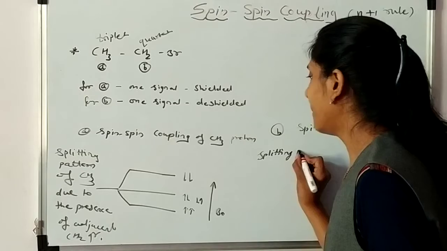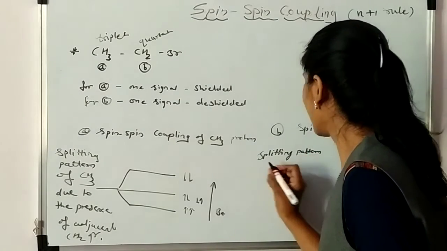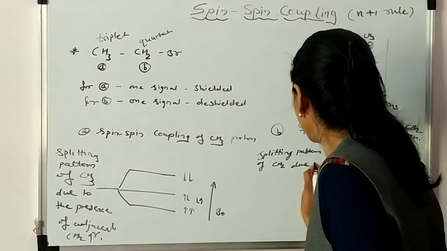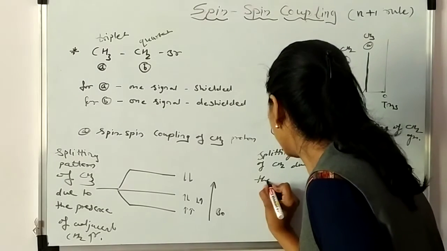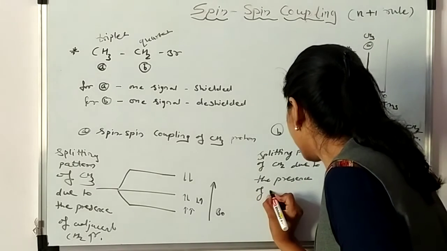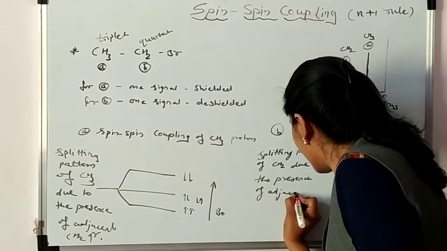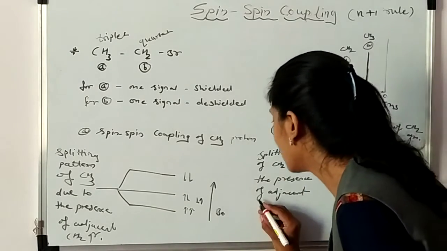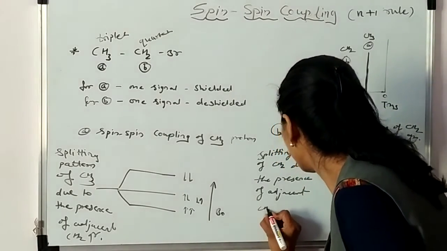Splitting pattern of CH2 due to the presence of adjacent non-equivalent, I have not written everything on the board, adjacent CH3 group.